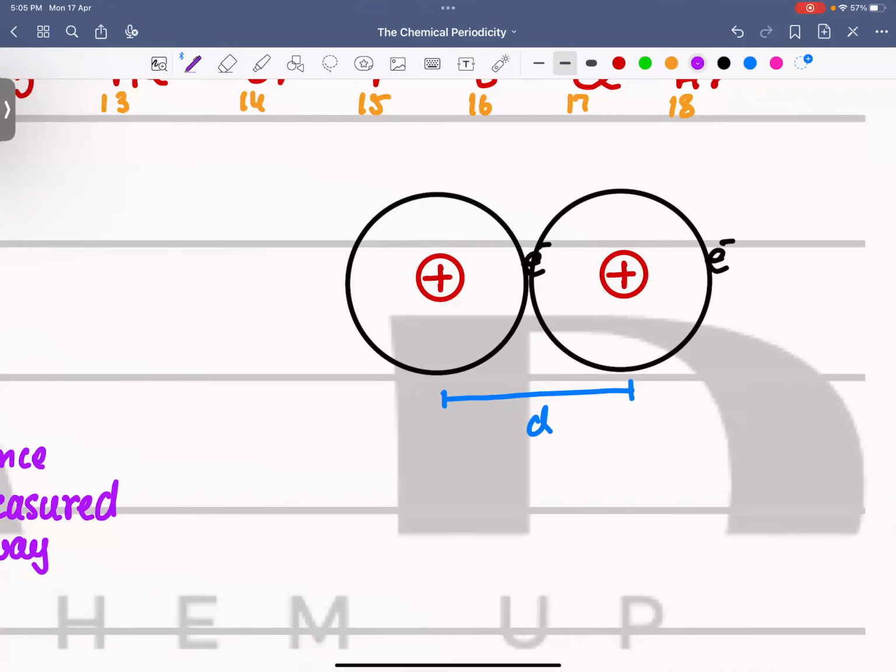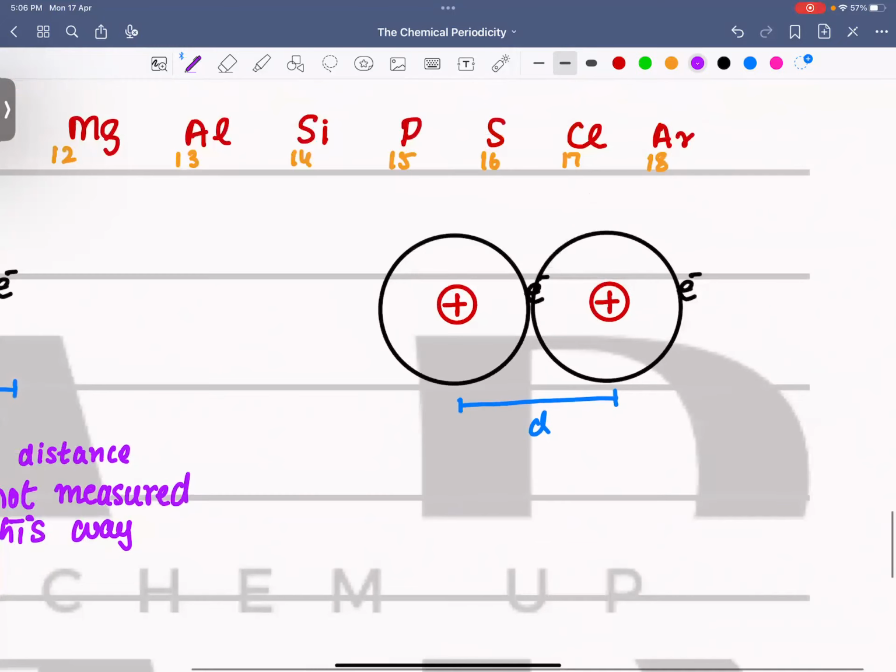That is measurable because the nucleus lies in the center of the atom, right?